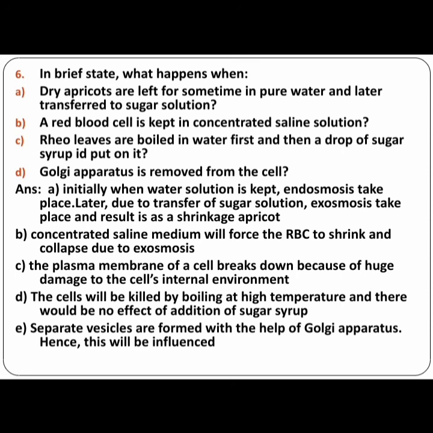So what happens if you remove the Golgi apparatus? What is the function of Golgi apparatus? It helps in packaging, right? If the Golgi apparatus is not there, there will be no cell organelle for packaging the materials, right? So that would be absent.